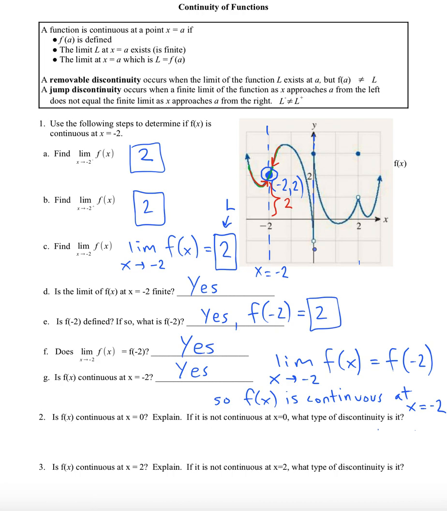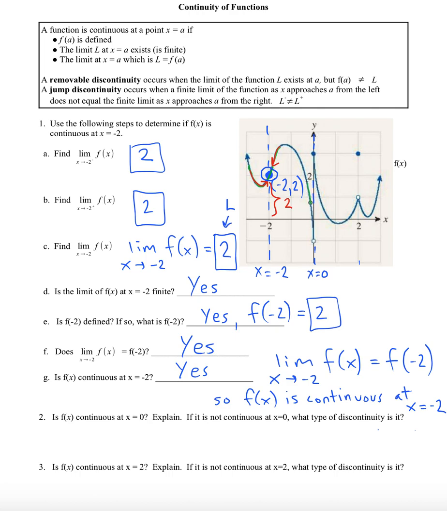At x equals 0, we see that tracing the curve with our pen would be a little more difficult here. Question is, would we have to lift our pen in doing so? Well, let's see.